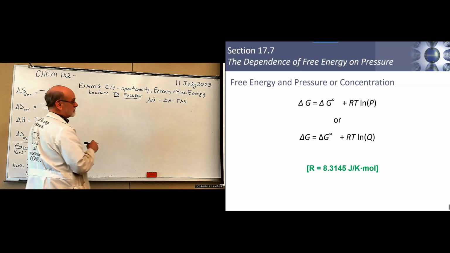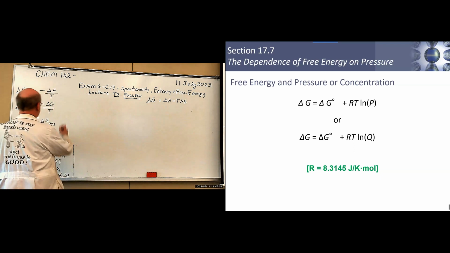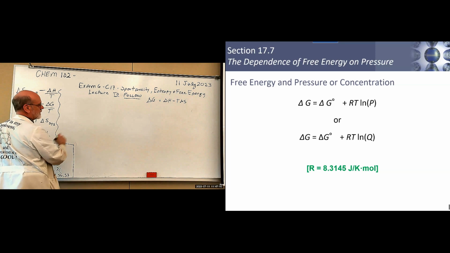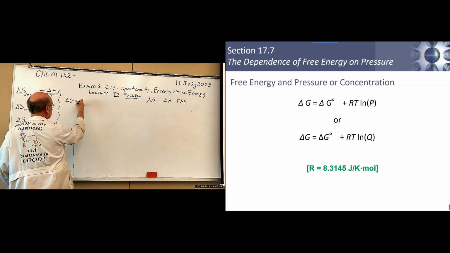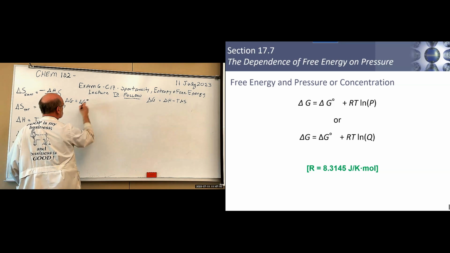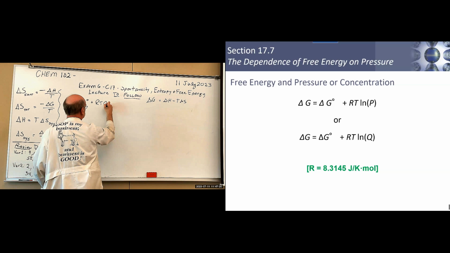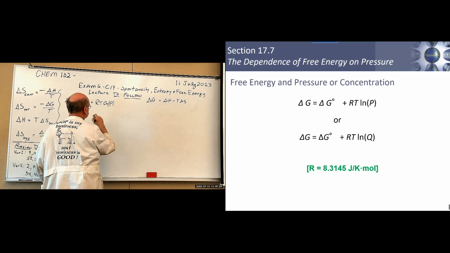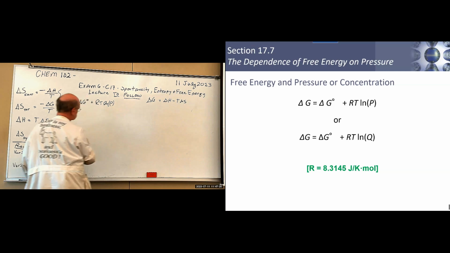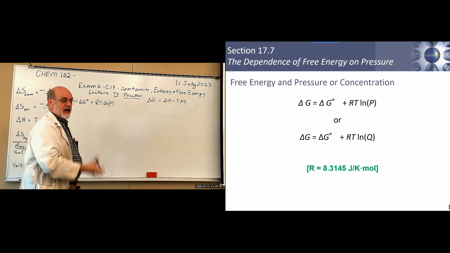And these are two different equations, right? We're going to add those to this group. So the actual delta G, relative to the delta G under standard conditions, we have to add RT log of the partial pressure, right? And this partial pressure would be for the entire reaction.